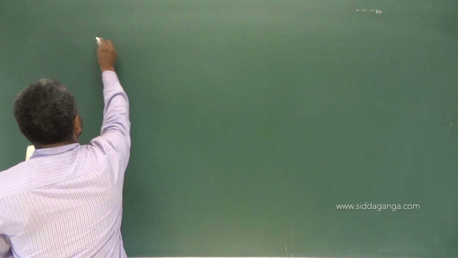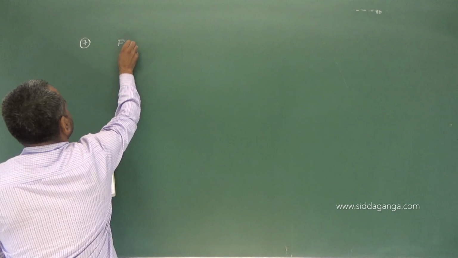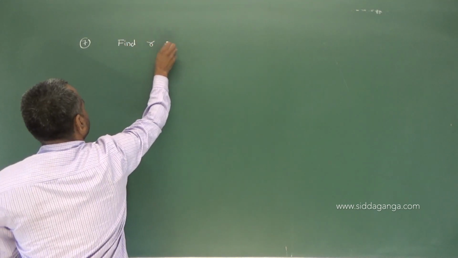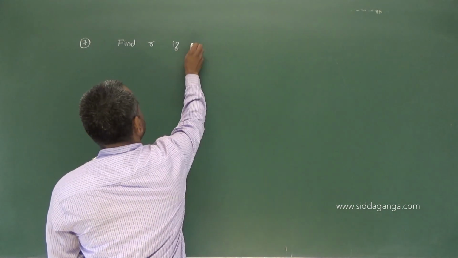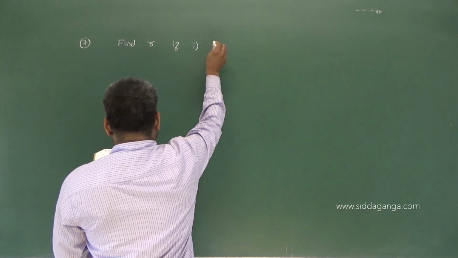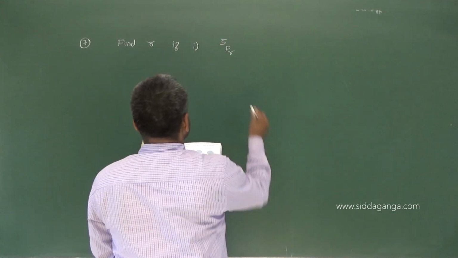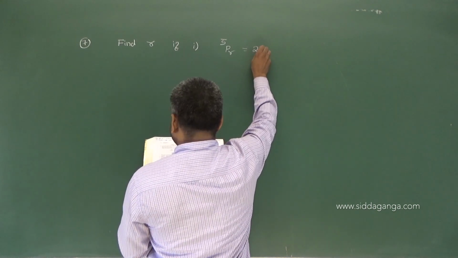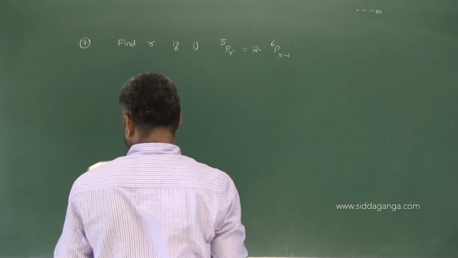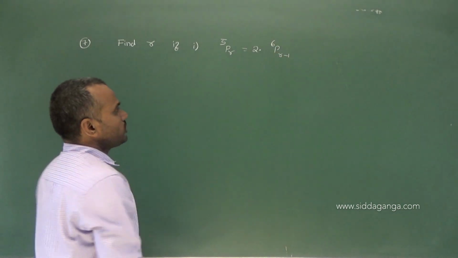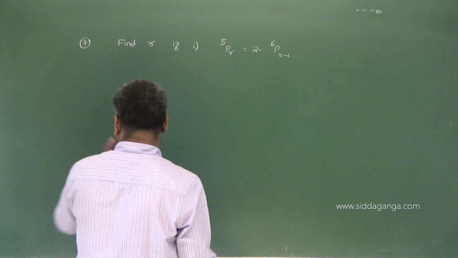Seventh problem in exercise 7.3. Find r if there are two problems here. First one, 5Pr = 2 into 6P(r-1).